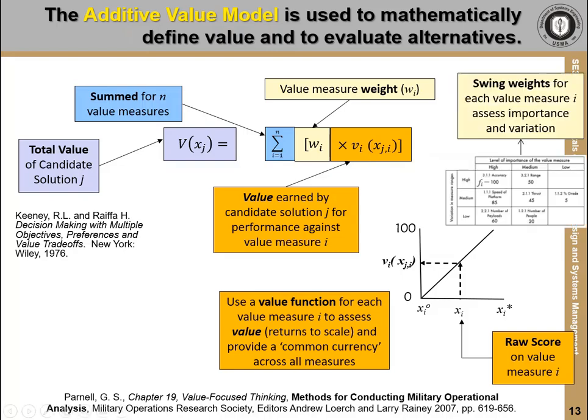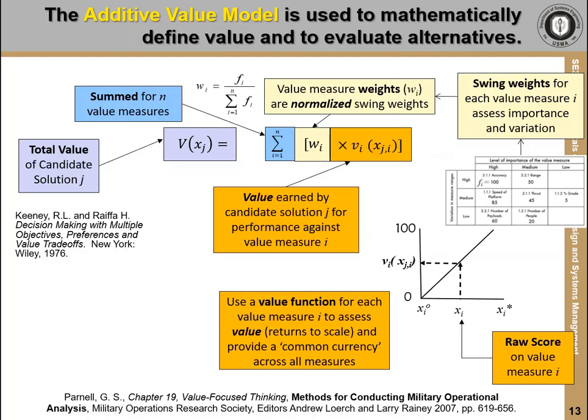Next, we need the global weight to multiply it by. Recall that we used swing weights for each value measure to assess importance and variation. The value measure weights, or global weights, are simply the normalized swing weights. What that means is that we divide each swing weight by the sum of all the swing weights so that the results are all numbers between 0 and 1, and the sum of all the global weights is equal to 1.